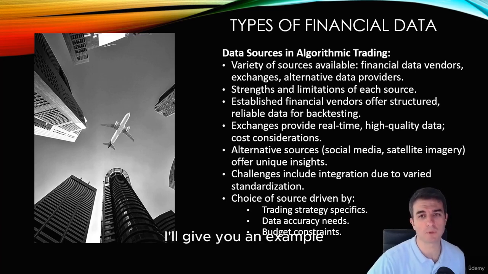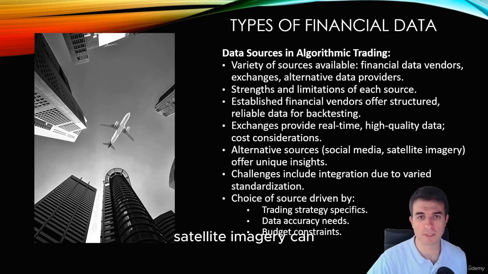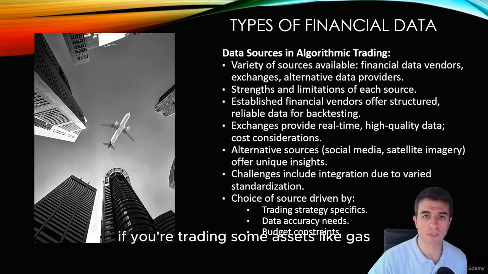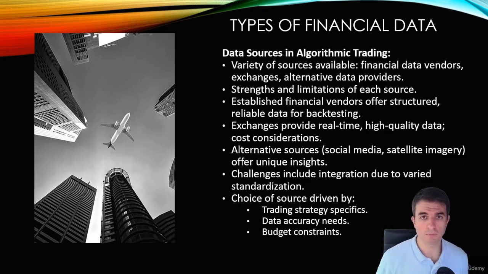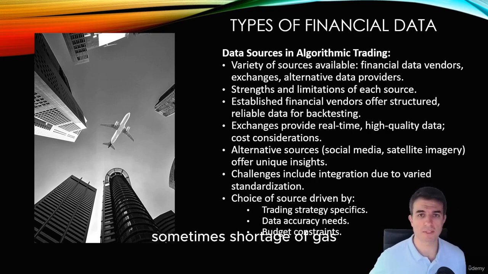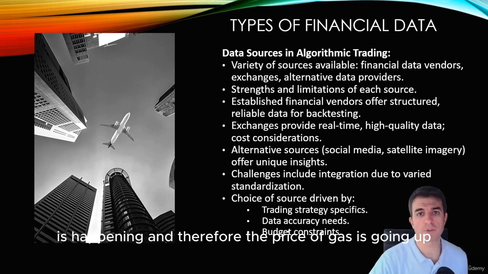I'll give you an example of how satellite imagery can help you in trading. If you're trading some assets like gas, for example, we all know that during very cold seasons, sometimes a shortage of gas happens, and therefore the price of gas goes up.